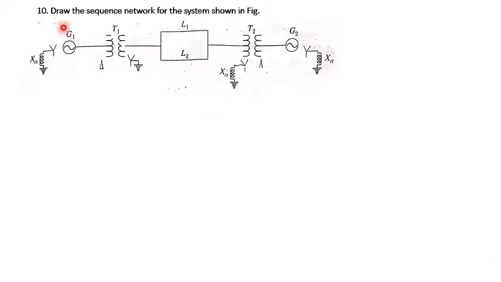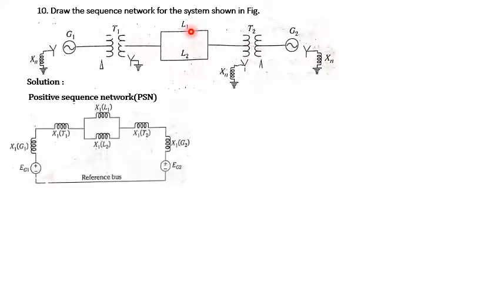Consider the question: draw the sequence network for the system which is shown here. So we need to draw the sequence networks, that is the positive, negative, and the zero. We know that for the positive sequence network, consider that there is a source of EMF and the reactance.